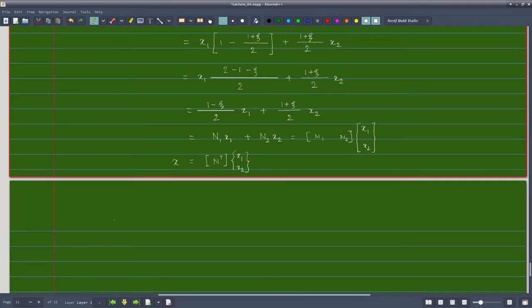So this is called an isoparametric element.